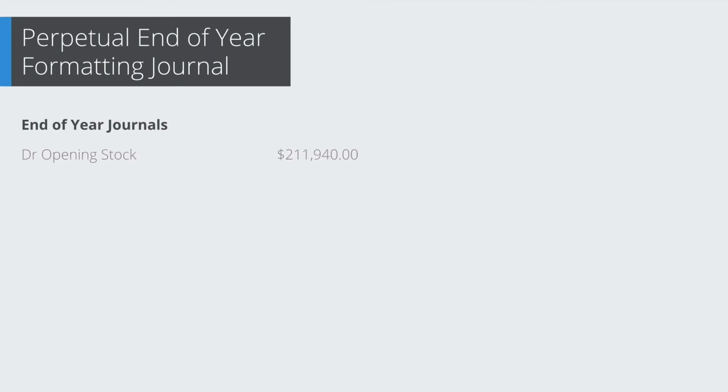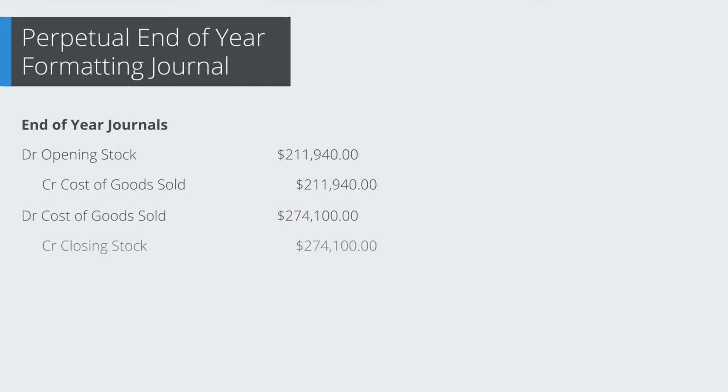So we've got our end of year journal, you've got your opening stock, and then you debit the cost of goods sold, and then put through your closing stock. So what you'll notice here is there's actually no journals that impact the balance sheet. All of these here are sitting in our cost of goods sold.